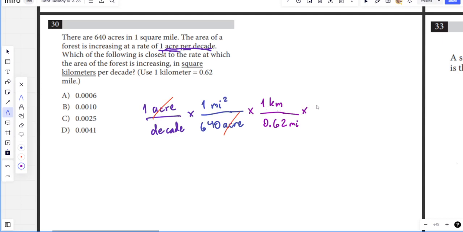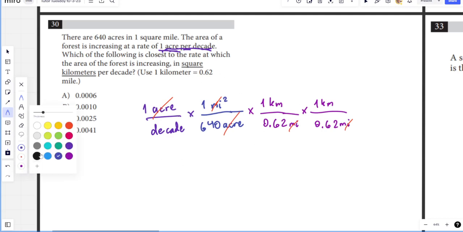What I need to do here is multiply by a second factor of 1 kilometer over 0.62 miles. Because you'll see this miles squared will cancel with the double factor of miles in the denominator. And then we'll end up getting kilometers squared per decade as our final units. Let's see how that looks when we multiply everything out.